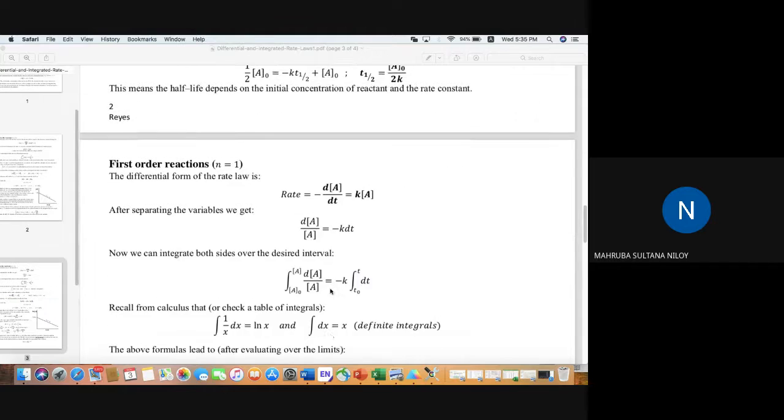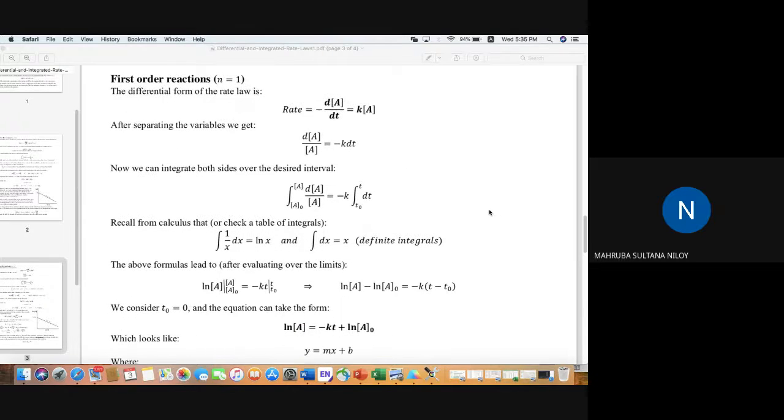Okay. Thank you, sir. So what will happen for the first order reaction then? Here the concentration will be to the power 1, right? Yes, sir. For the zeroth order reaction, the concentration of the reactant was not a factor, but in first order reaction, the concentration of the reactant will influence the reaction rate. Yes, great.